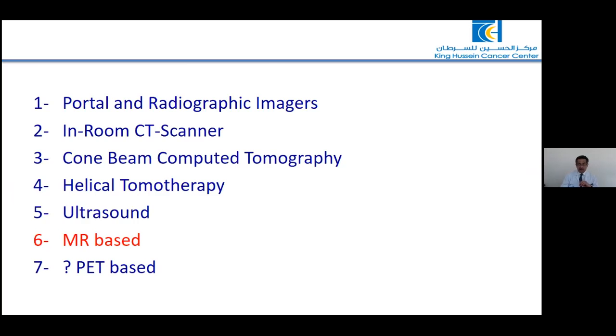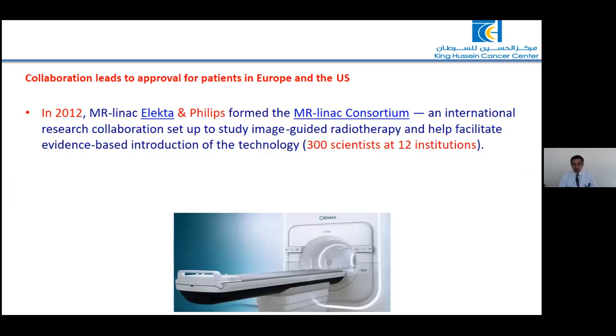What about the MRI? A consortium called the MR-Linac Consortium was formed in 2012 by Elekta and Philips, and they involved 300 scientists from 12 institutions, mainly in Europe and in the US.